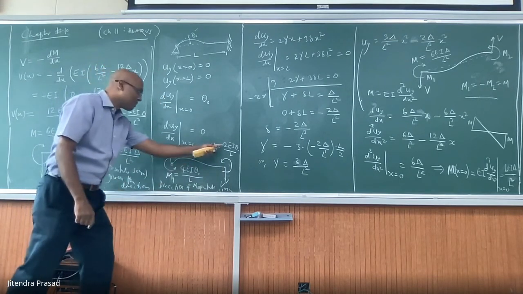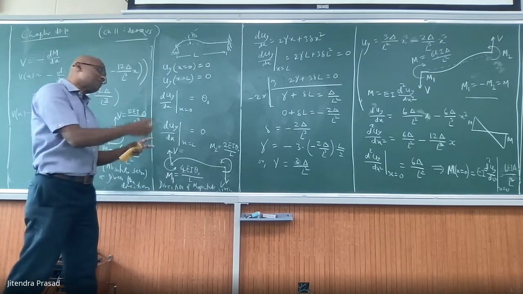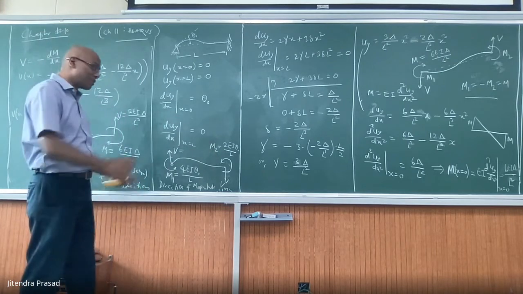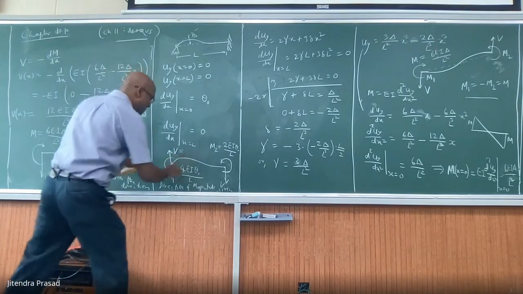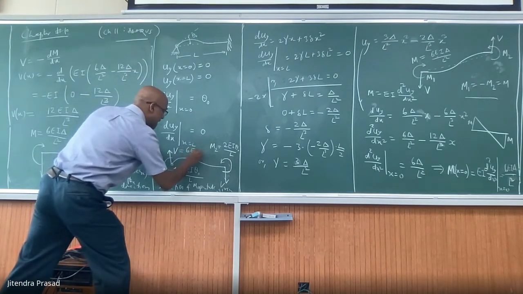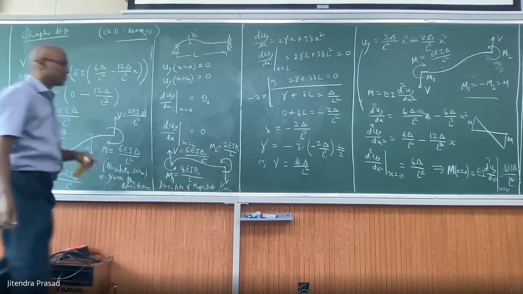So 4 and 2, and then multiply. Then whatever you get multiplied by L should be over L square in that case, because you're multiplying with L to balance it. So V will be this plus this divided by L. So you get 6 EI theta naught over L square.